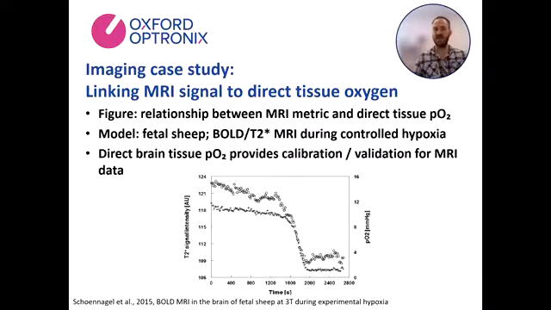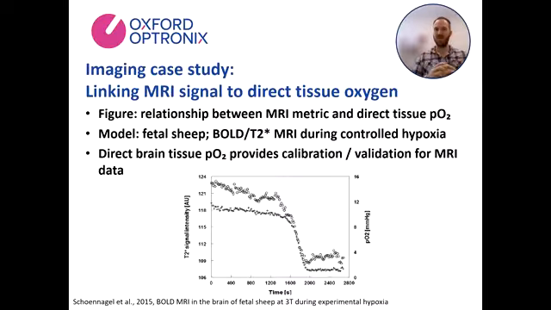So instead of saying this MRI signal must mean oxygen, they build a bridge between the imaging metric and the measured pO₂, which makes the imaging conclusion much easier to defend. And it's also a nice reminder that these approaches aren't competing. Imaging gives spatial context, and direct pO₂ gives you ground truth to rely on.